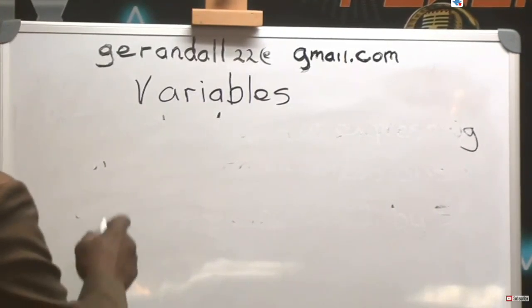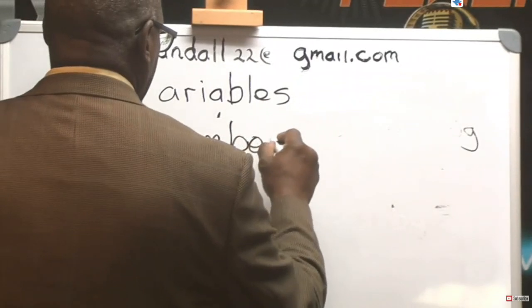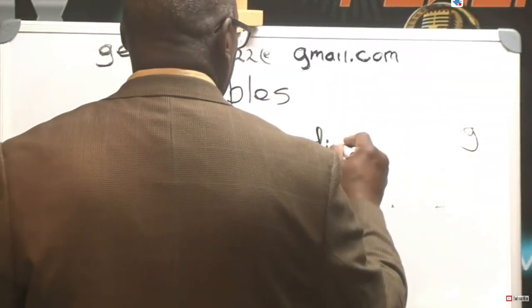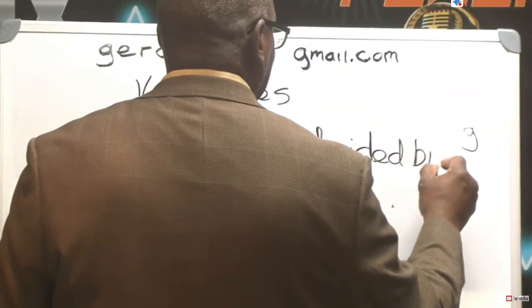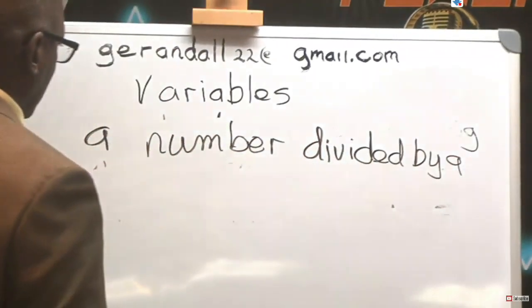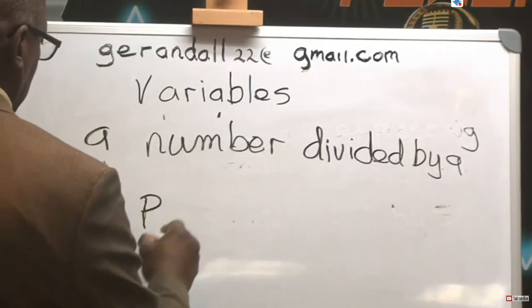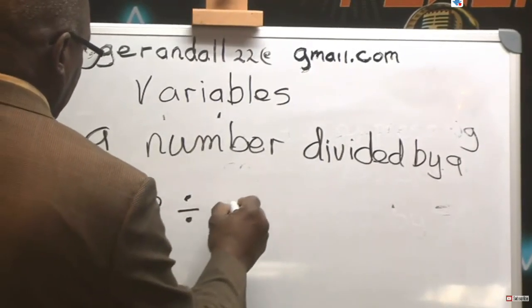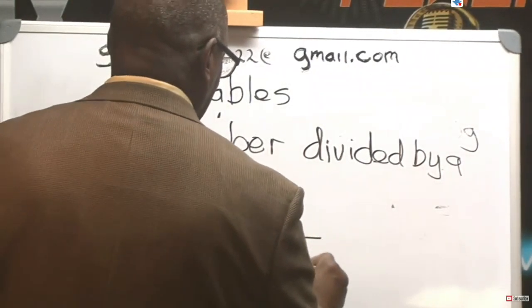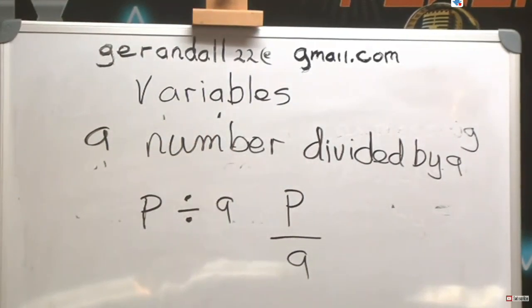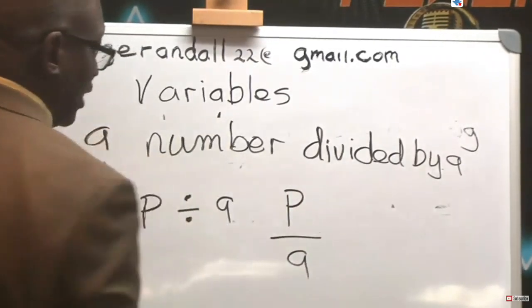And again, if I write out a number divided by 9, P, you can either do this or P divided by 9. Much easier than writing that out.